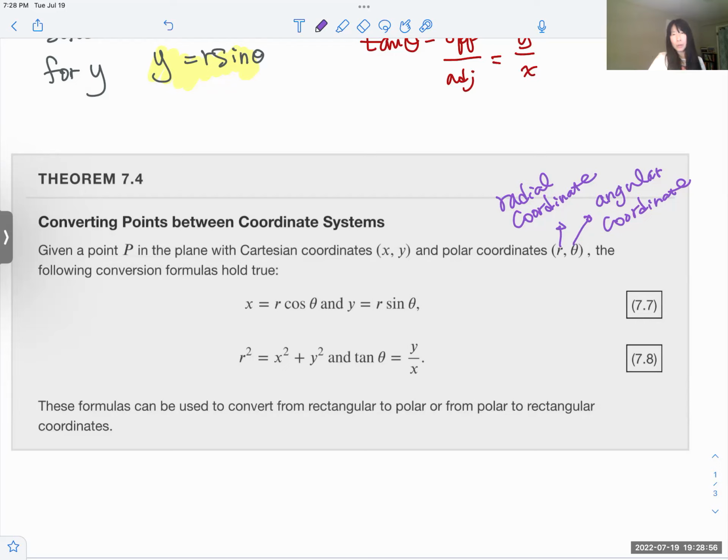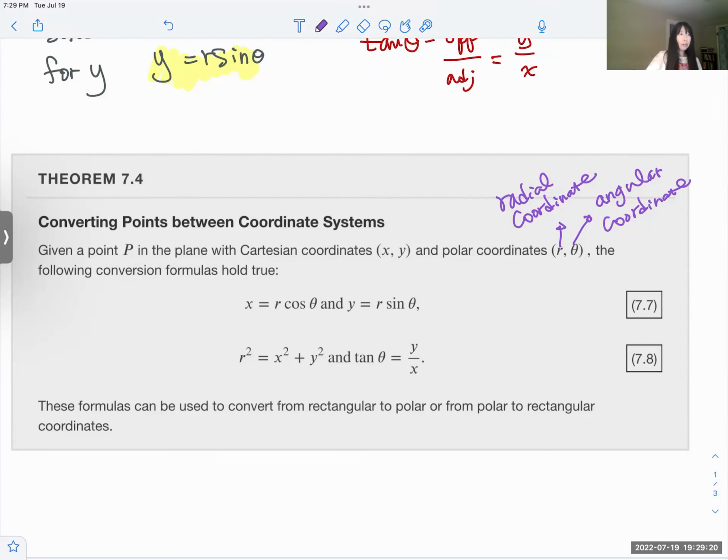Okay, so we're gonna use these definitions. We're gonna convert from Cartesian to polar and polar to Cartesian, all right? So let us do just a couple of problems for each one.